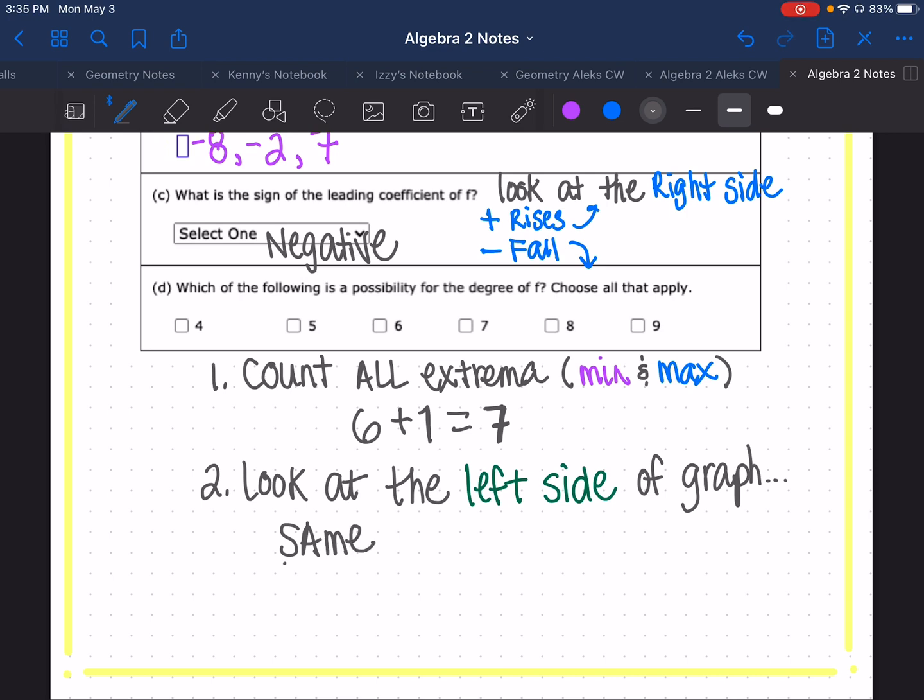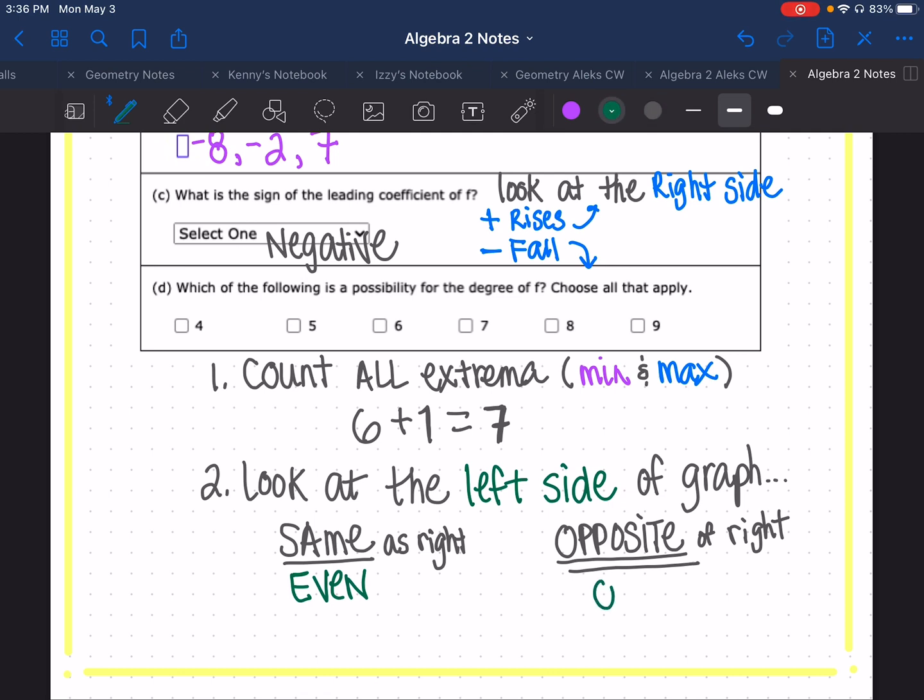If it is the same as the right, then you have an even degree, so you would pick 4, 6, or 8. If it is doing the opposite of the right, then it is odd, which means you're going to pick 5, 7, or 9.